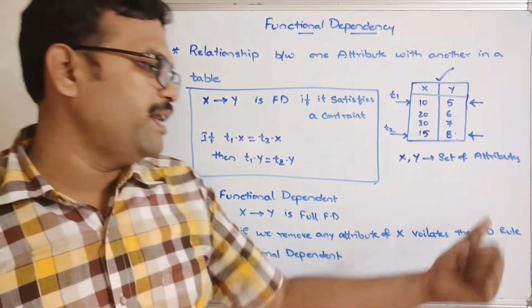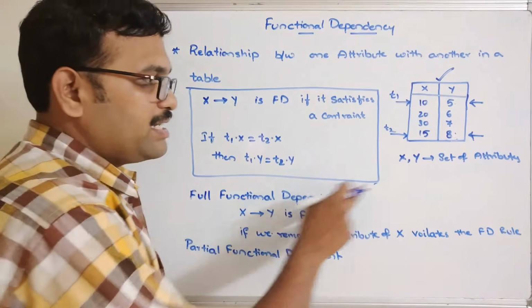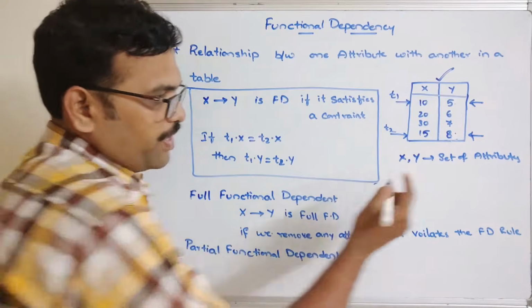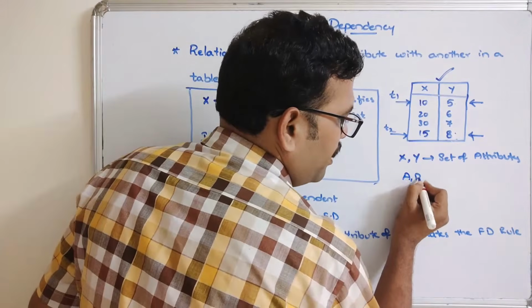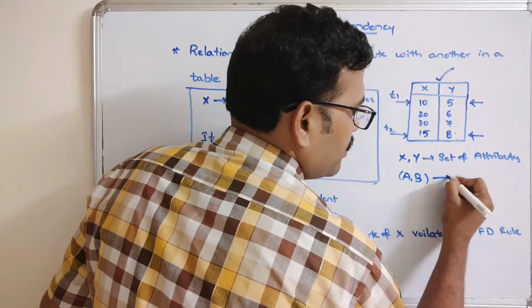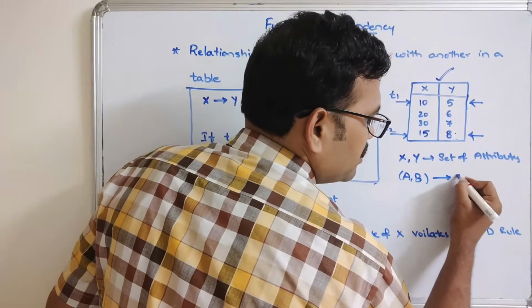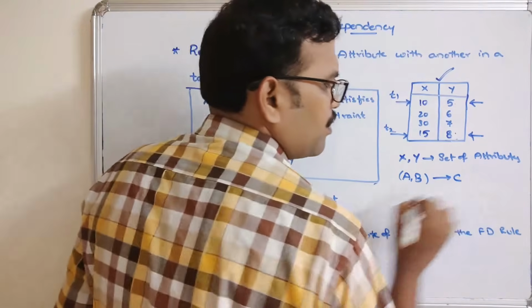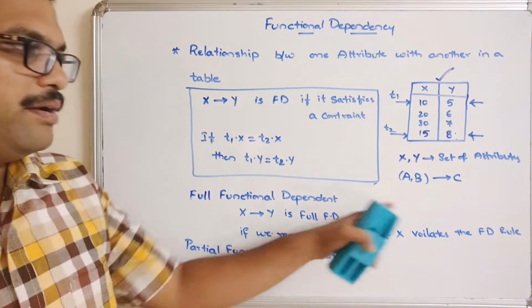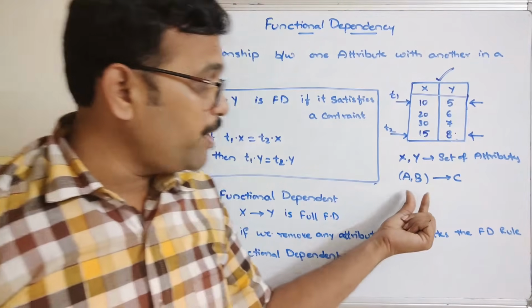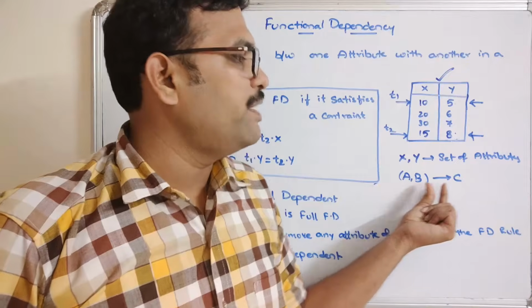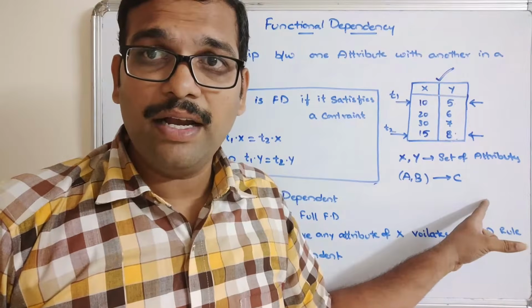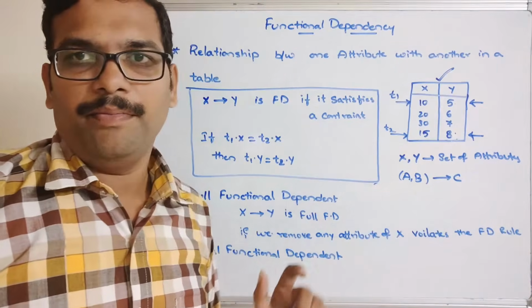That means x and y are sets of attributes. So for example, A comma B determines C, right? That means the combination of A and B will determine C. So C is functionally dependent on both A and B, right?